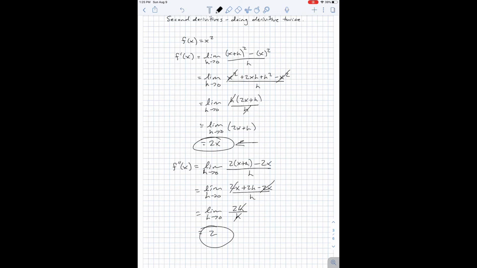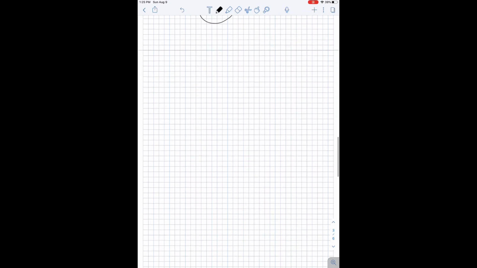And why are we doing all this? What is the purpose and what do they do for us? There's tons of applications, but the one that we are going to use most, we'll do a little bit with some business and economics later, but for now we're going to go into physics land.